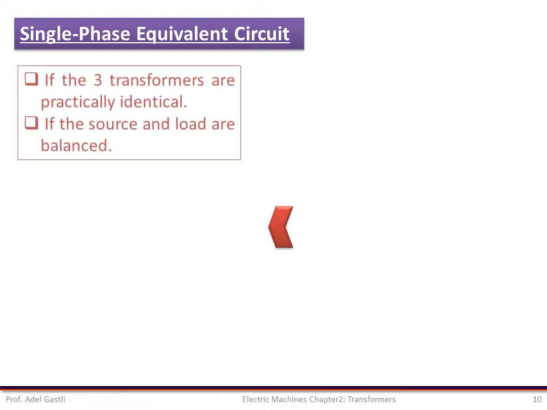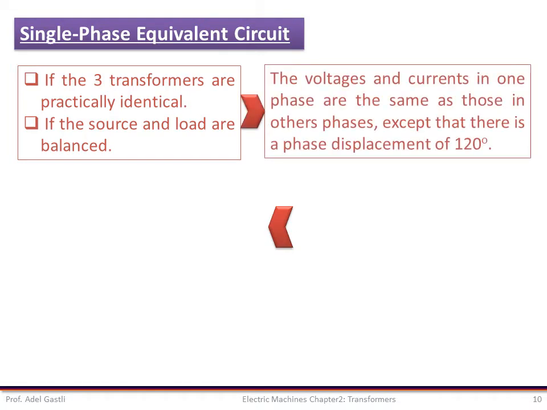So, if the three-phase transformers are practically identical and the source and load are balanced, then the voltages and currents in one phase are the same as those in other phases, except that there is a phase shift or phase displacement of 120 degrees between the different phases.